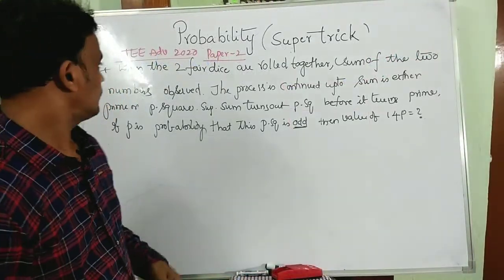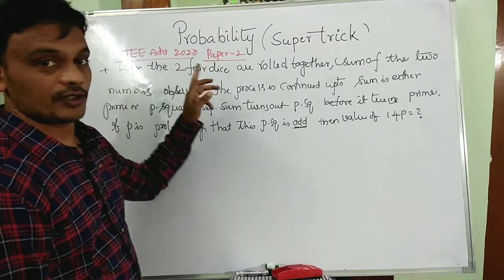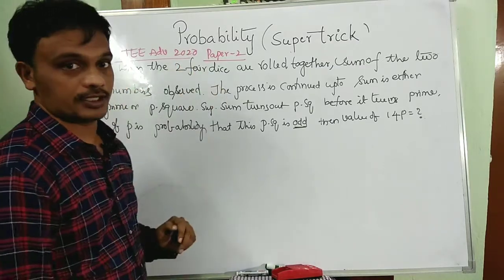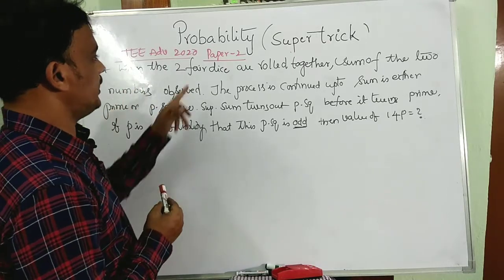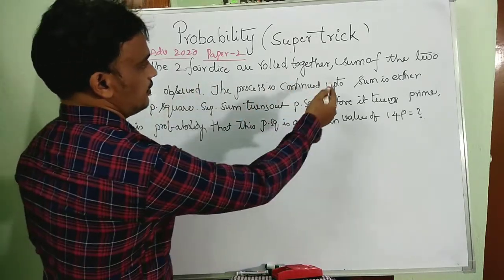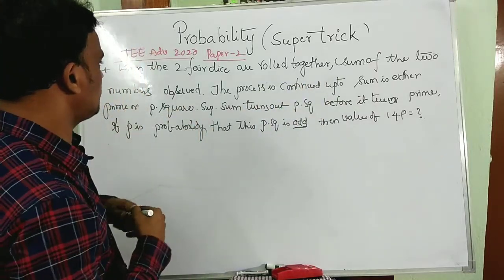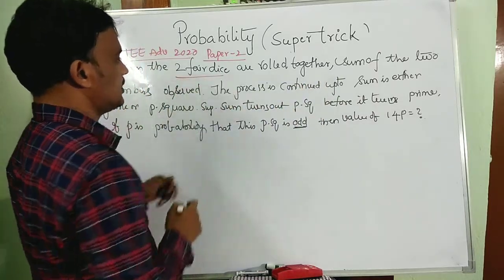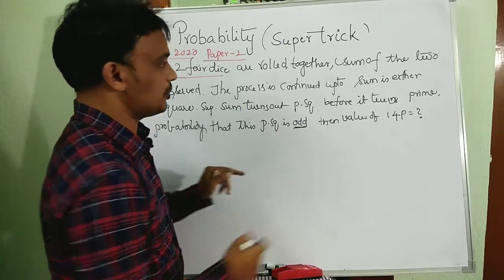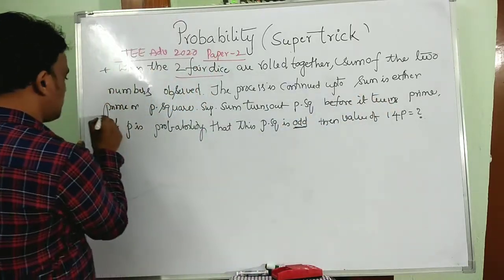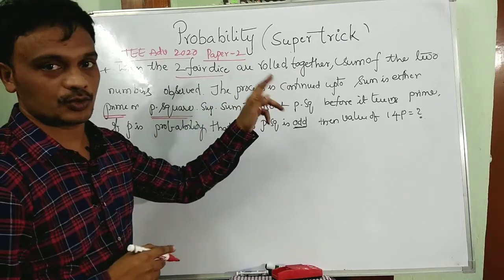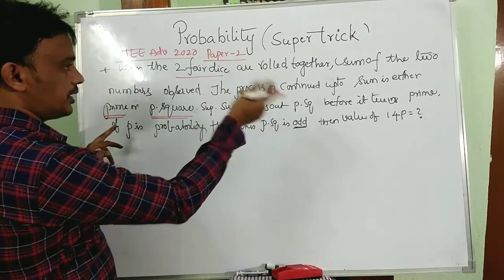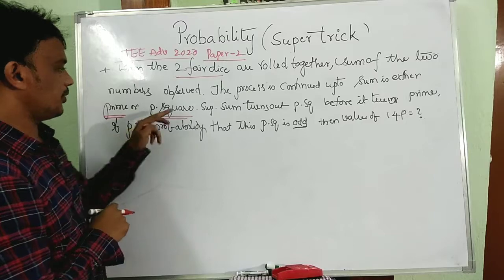Here is one question from JEE Advanced 2020, paper 2, integer type questions. When 2 fair dice are rolled together, the sum of the 2 numbers is observed. The process continues until the sum is either a prime number or a perfect square.